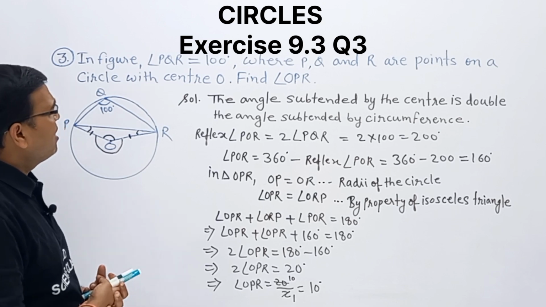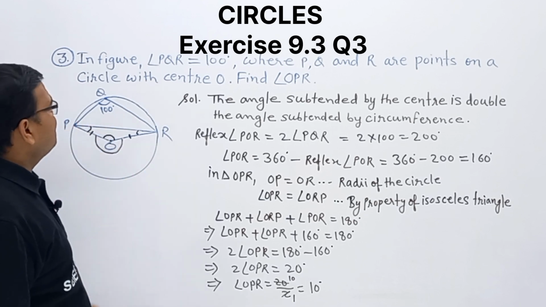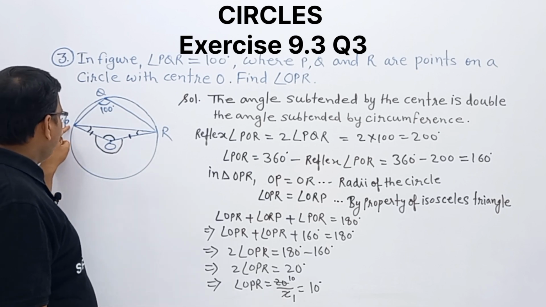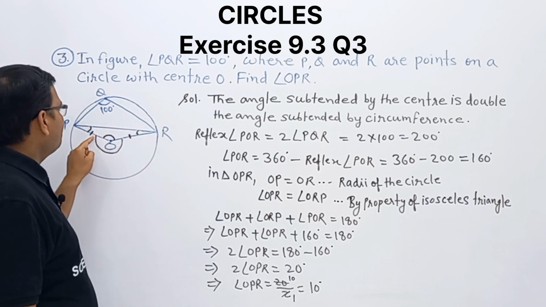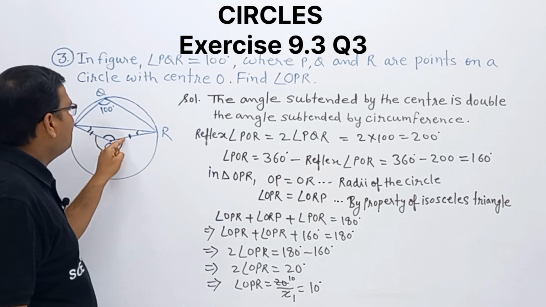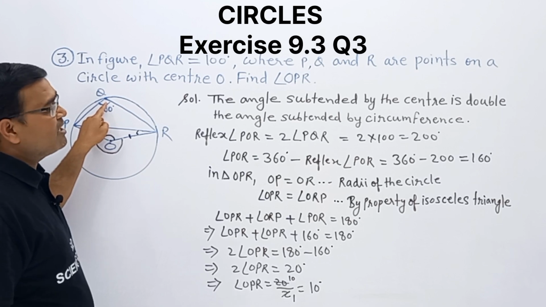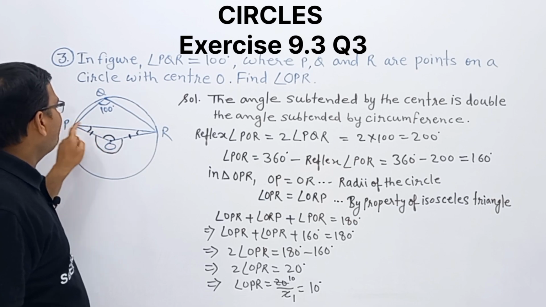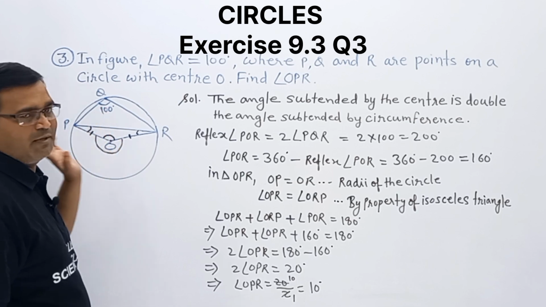Observe again how we get angle OPR equal to 10 degrees. Once we observe this figure, we get the reflex of angle POR. POR is this one, but its reflex is this one, and this reflex of angle POR is 2 times the angle subtended by the circumference.